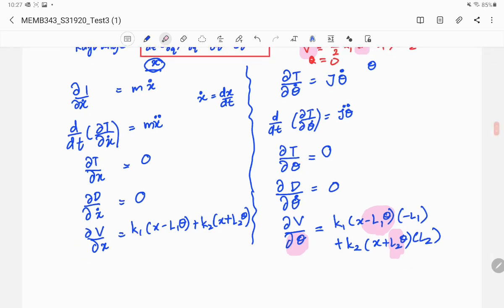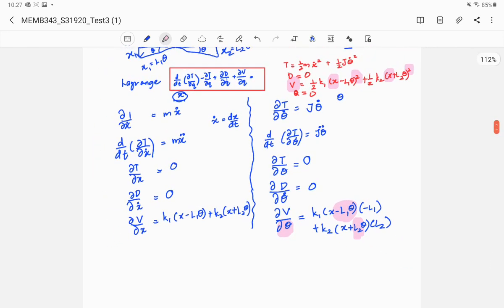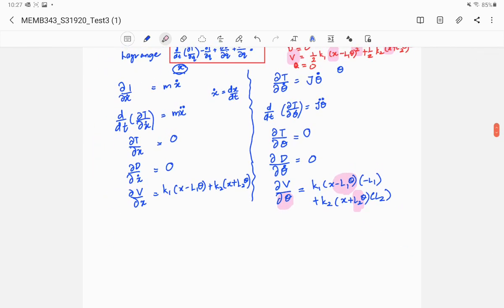Alright, so we've done all the terms here. From there, you just add all those terms up. If you do that, you can get your EOM. What you have is this term m x double dot, and also that whole term, and the same for this one.